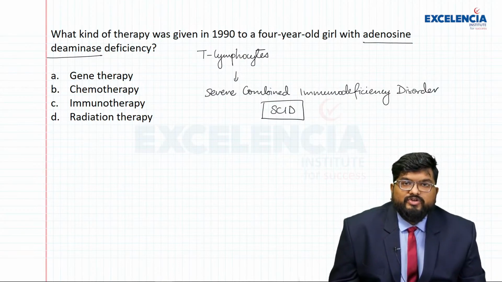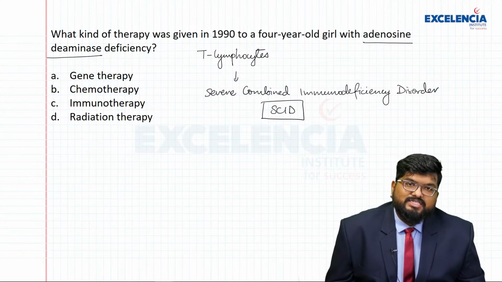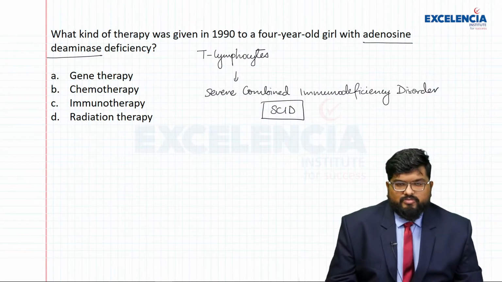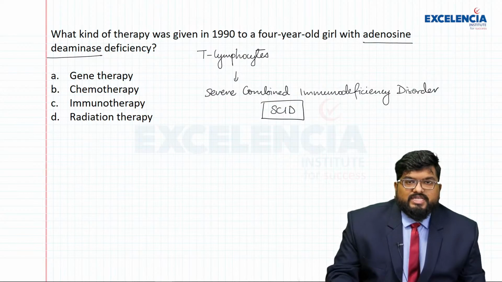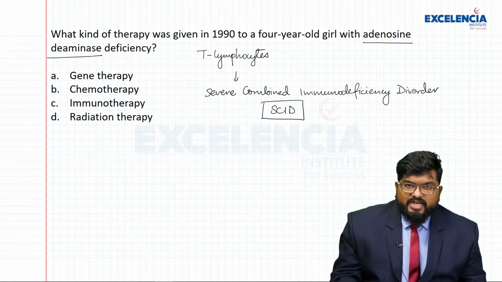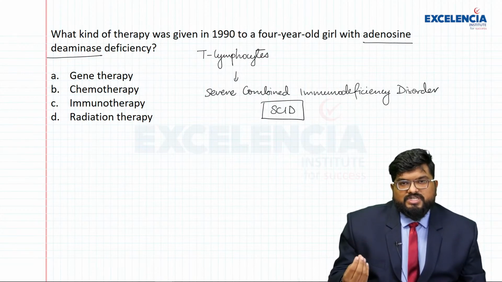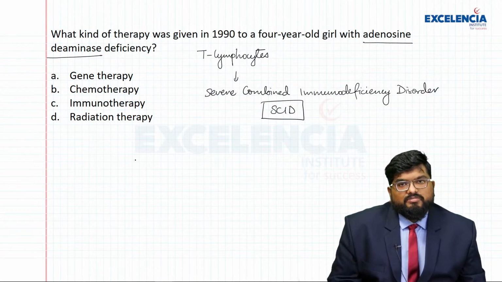When the gene was transferred to the retroviral vectors, they were allowed to infect the T lymphocytes. And these T lymphocytes carrying the new functional ADA gene, adenosine deaminase gene, were transfused to the patient.